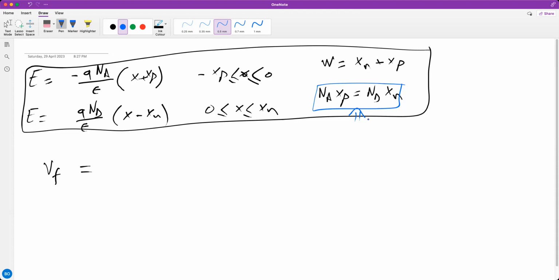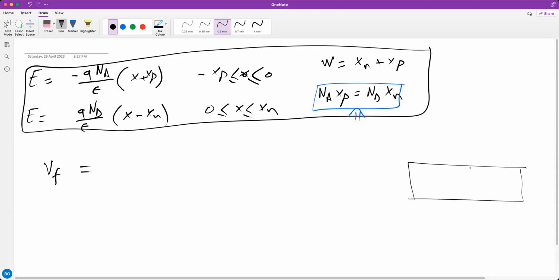Now, as I mentioned, I have a PN junction here, and this PN junction created a negative potential here and a positive potential here, which means I have an electric field here, right? This is an electric field, and this is a built-in potential.